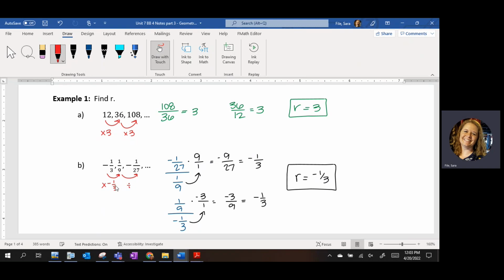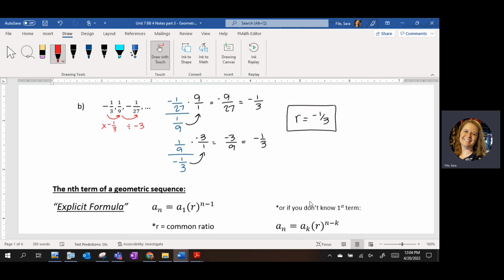Instead of 1/3, it's negative 3. So if it's easier to think of it as dividing by a whole number than multiplying by a fraction, you can do that. Those mean the same thing. Just like when we had our common difference in arithmetic, if it was negative, we just thought of it as subtracting instead of thinking of it as adding a negative. We good?